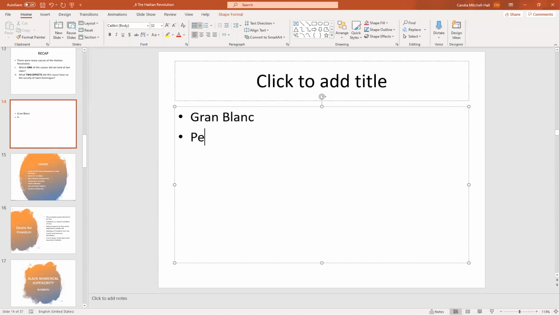The next one is the Petit Blanc. And next, the colored, or we call them the mulattoes. And the next group is the enslaved Africans. Very good. So these are the different groups.